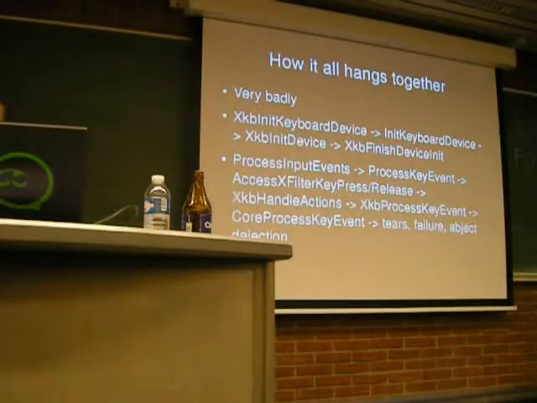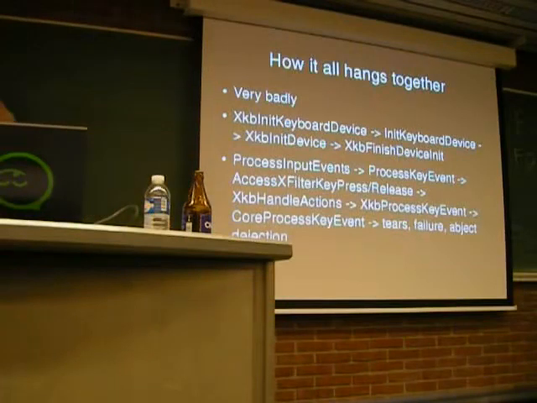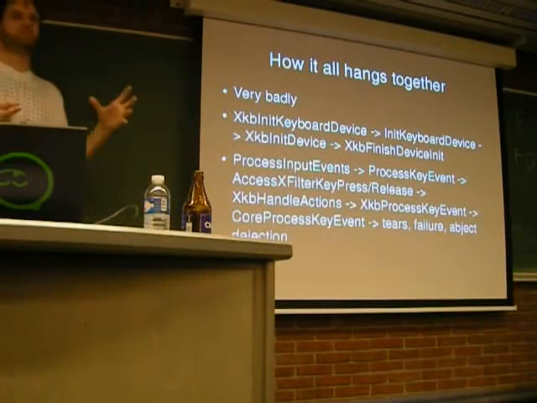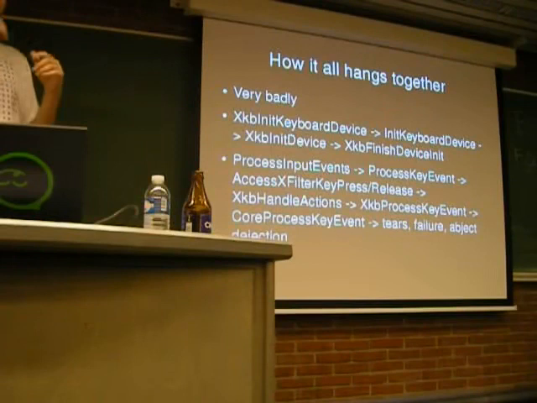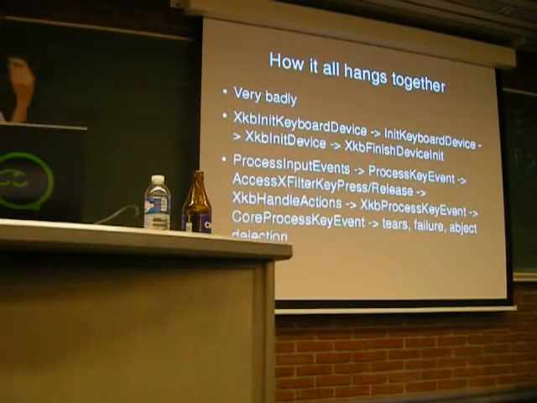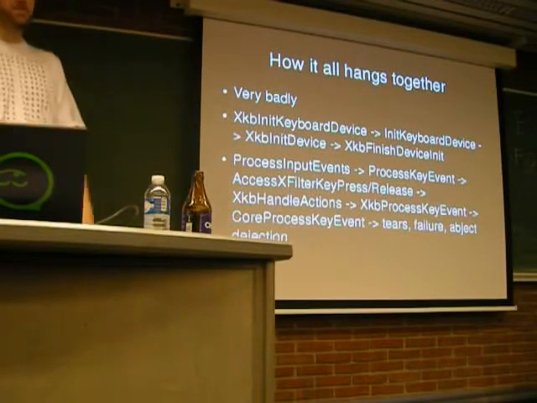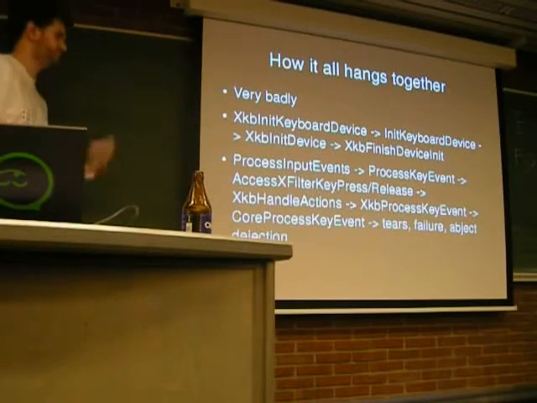XKB process key event does stuff like, if this key is a modifier, clear our entire modifier map, so the core input processing stuff doesn't try to do anything clever. Then call back into the core input processing, and basically at this point everything falls apart.